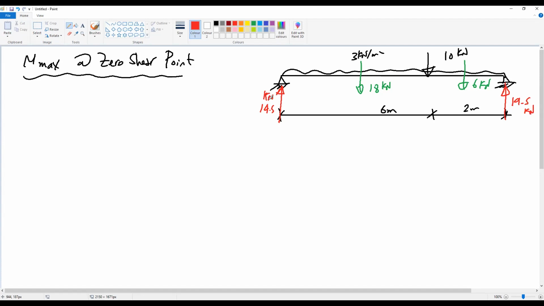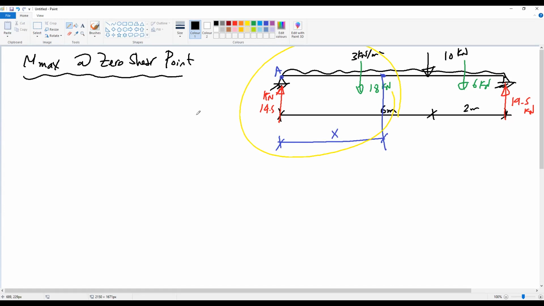Okay, to get the zero shear point, we need to assume that the zero shear point is at a distance x from point A. So we assume this is our zero shear point at x distance, and I will take this part out here.